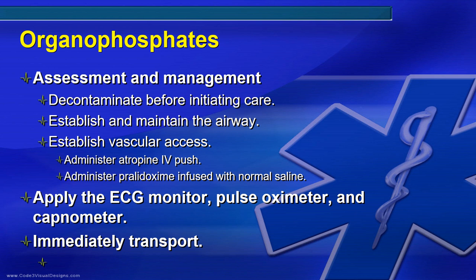We're giving atropine to actually provide an antidote to the organophosphate. We want atropinization to occur. And again, immediately transport. So this concludes the cardiac medication and the organophosphate lecture.